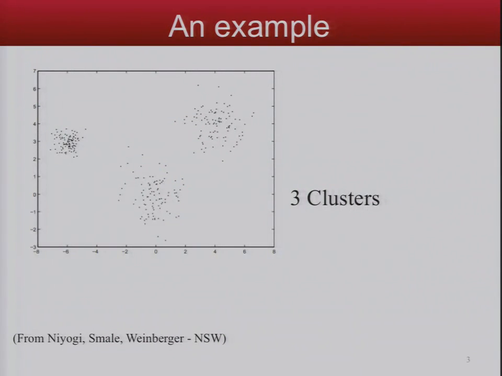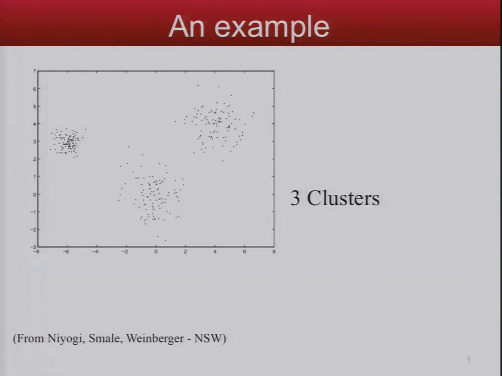Here's another example. It's from a paper by Partha Niyogi, Stephen Smale, and Shmuel Weinberger. The figure shows 3 clusters, and what you should imagine is your underlying data manifold is just 3 points, and what you're seeing is samples with Gaussian noise added. This is what you typically think of when I say Gaussian mixture models and clustering.